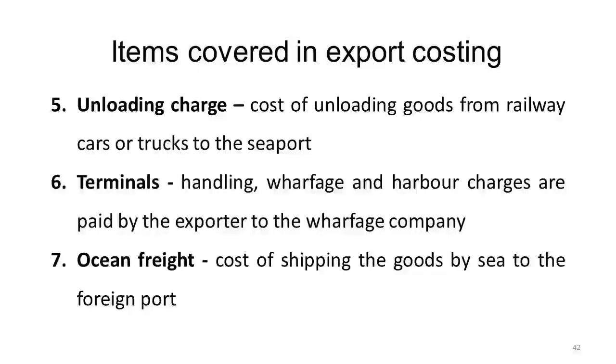Then you add another $2 for the ocean freight from Mumbai to Rotterdam. So you add all of that and you charge it to the buyer. So in case you say that fine, I will deliver the goods to you at Rotterdam port, then my price is going to be $14 instead of $10.